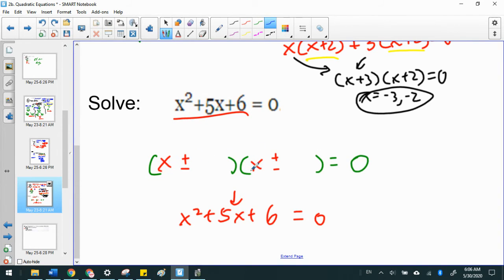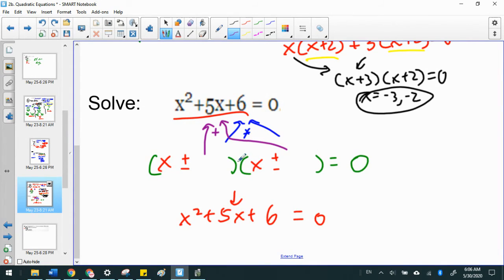The second terms of each binomial need to multiply into your c value, and then add up into your b value.